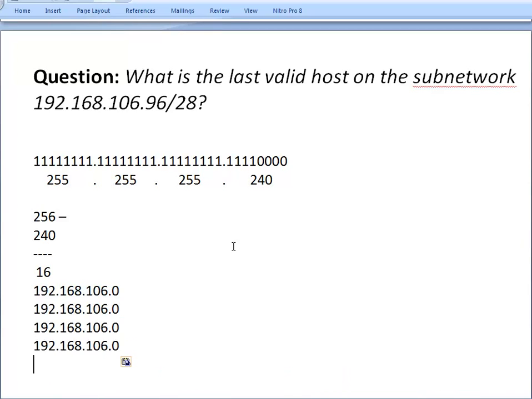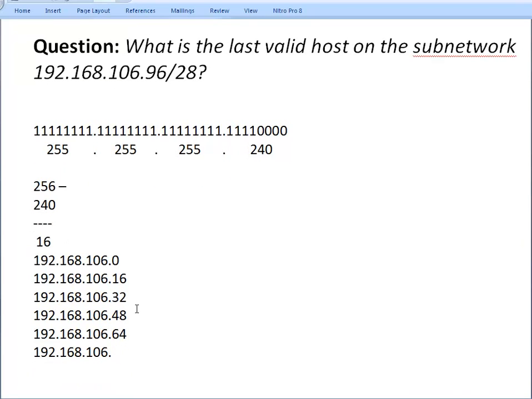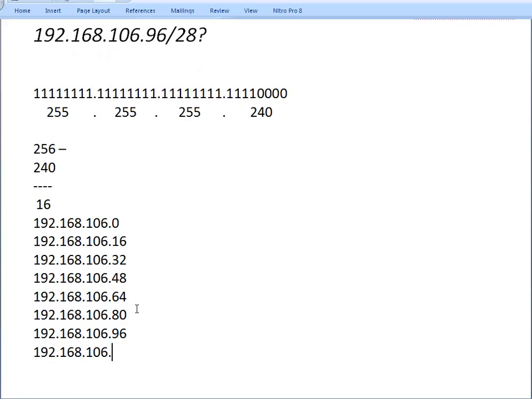So keep going: 0, then 16, then 32, then 48, add another 16 to that, 64, add another 16, 80, then add another 16, 96, add another 16, 112.